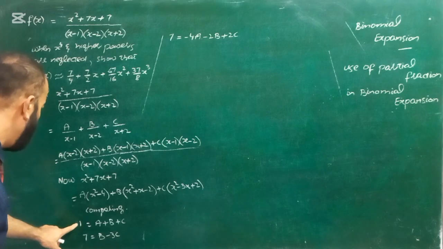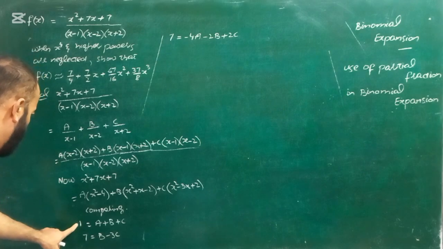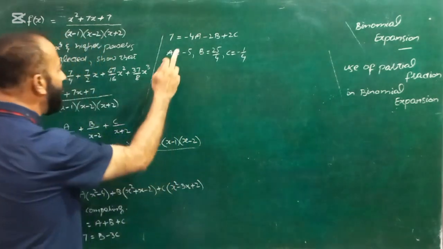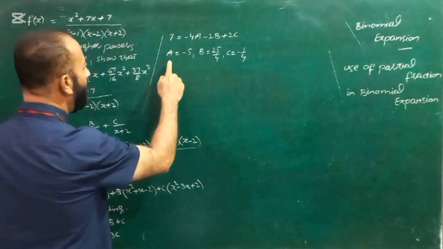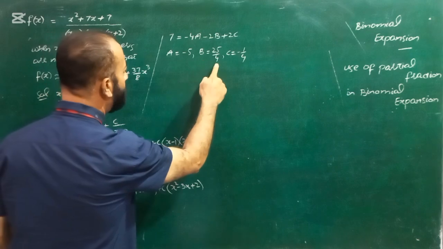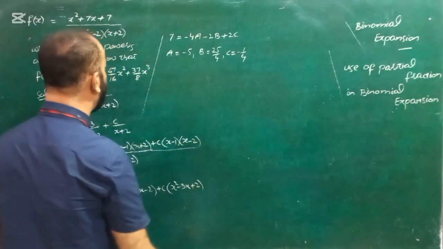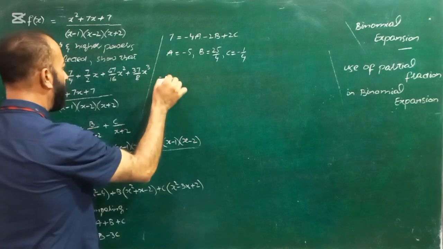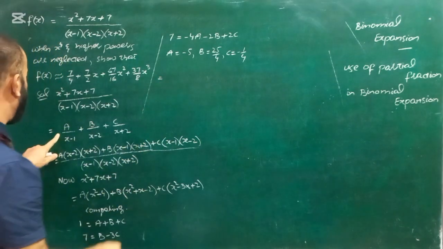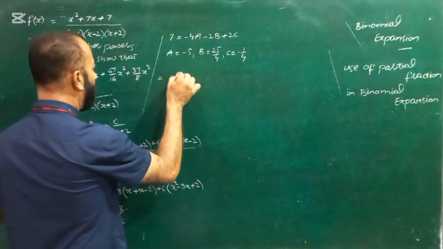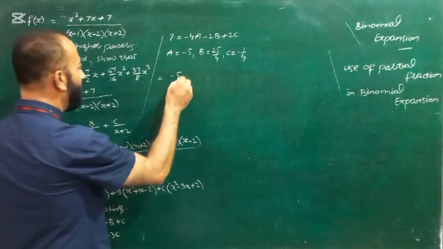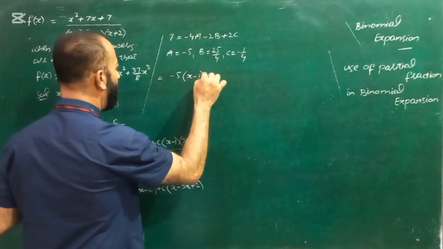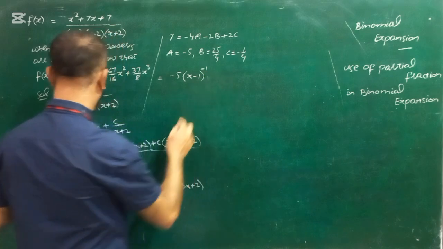Okay, now solving these three equations gives a's value minus 5, b's value 25 by 4, and c's value minus 1 by 4. So the factor will become now minus 5 by x minus 1. So x minus 1 will come in the numerator, so x minus 1 raised to the power minus 1.